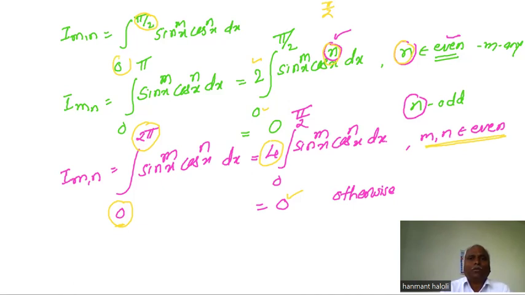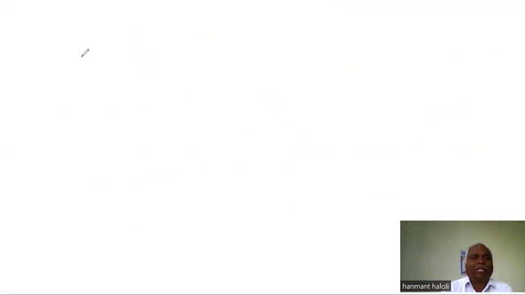Now, we'll check one of the examples. We have learned up to here for integrals containing sine and cos. Now for an integral containing something other than sine and cos, suppose we get I_n equal to the integral of tan^n x dx.